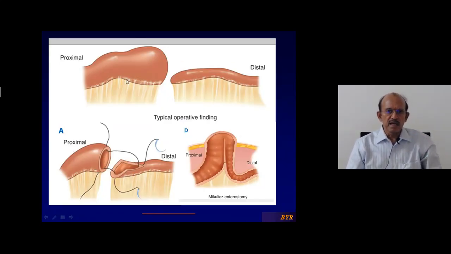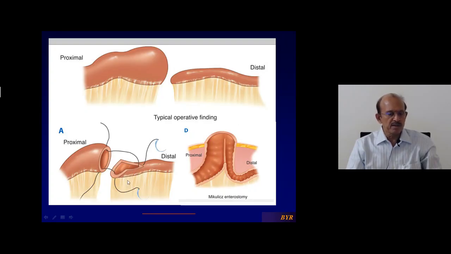You can see here, this is the proximal dilated segment. This is the distal collapsed segment. The proximal segment is cut here. This is the opening. This is the distal segment, with a longitudinal cut made on the antimesenteric border. Now you take a bite to the apex of this cut end. This is also called fish mouth anastomosis.